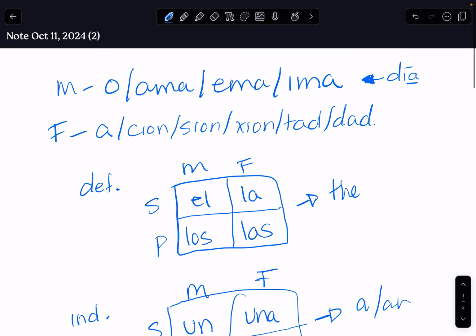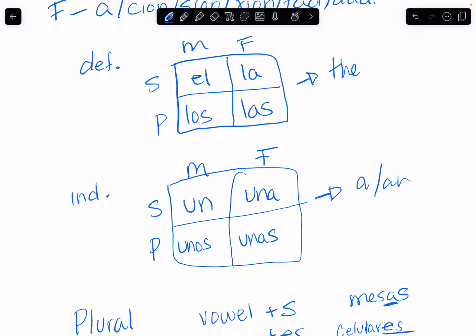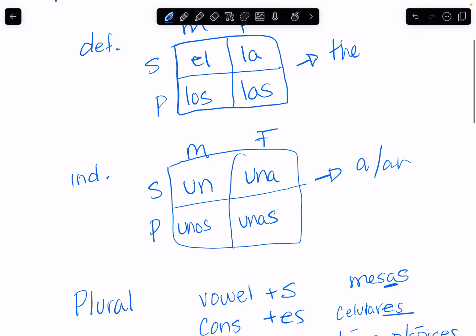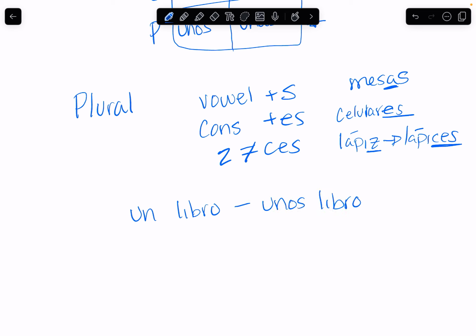So you have masculine versus feminine, your definite articles, your indefinite articles. And when you want to make something plural, here you have the plural indefinite articles, and this is the plural definite articles. So depending on what you're talking about is what you use. So you can have un libro or unos libros.